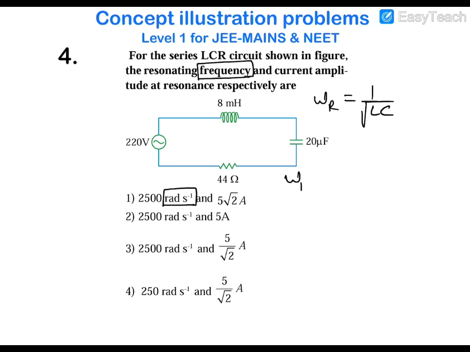If we have to find out the frequency, we know that omega resonance will be 2 pi f. So omega resonance will be 1 upon under root of LC. Now L is 8 into 10 raised to power minus 3, and C is 20 into 10 raised to power minus 6.